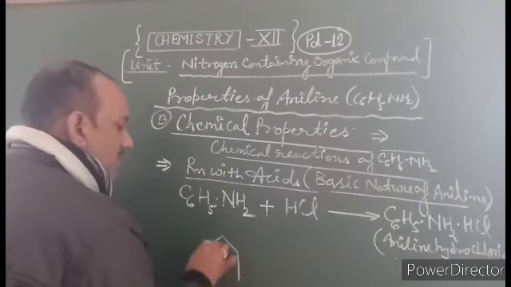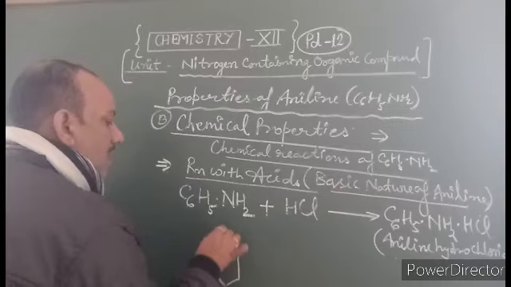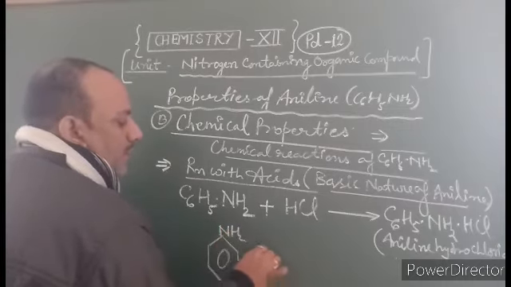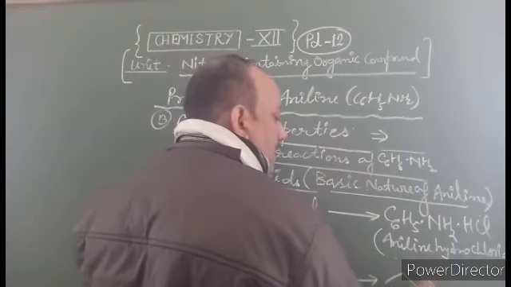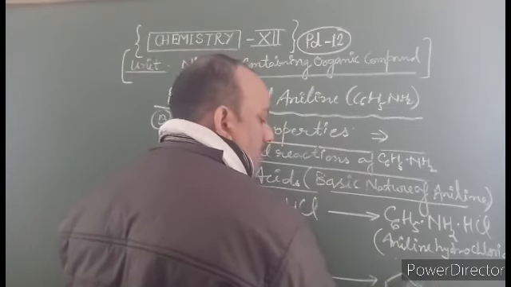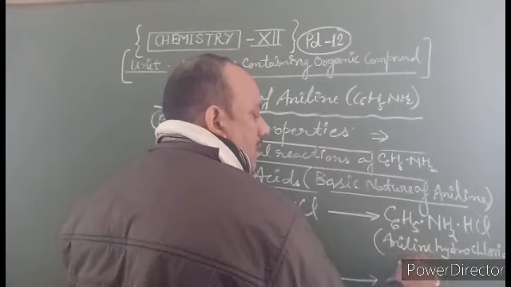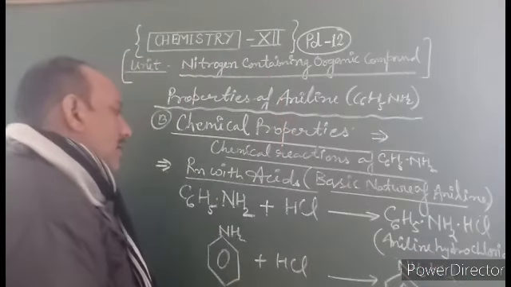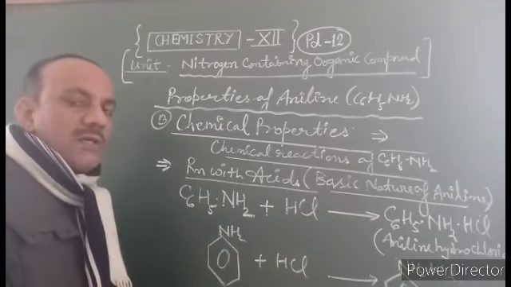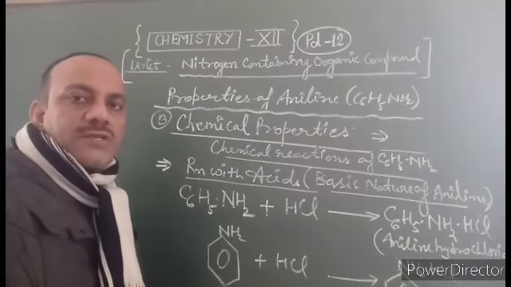We also give its structural formula: C6H5NH2 plus HCl gives C6H5NH2·HCl.